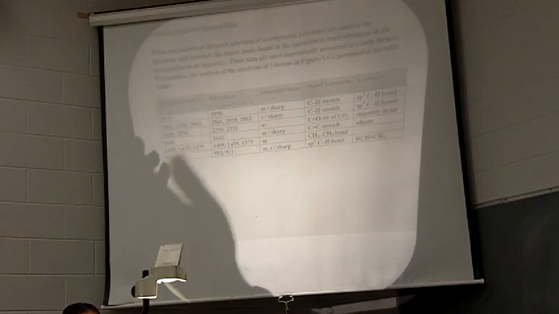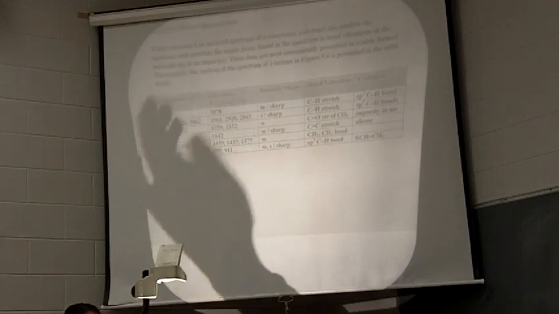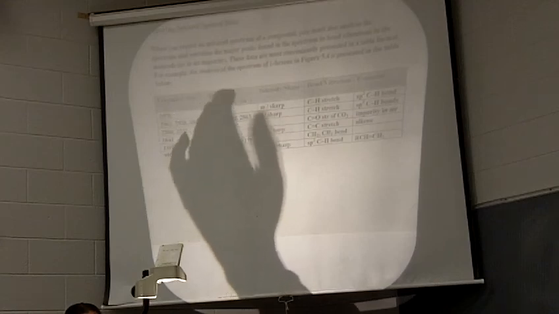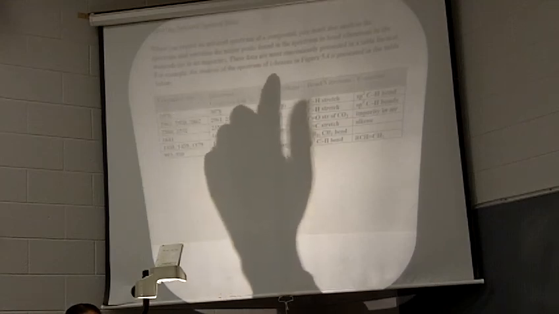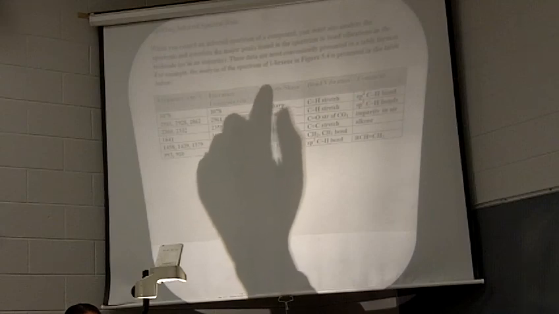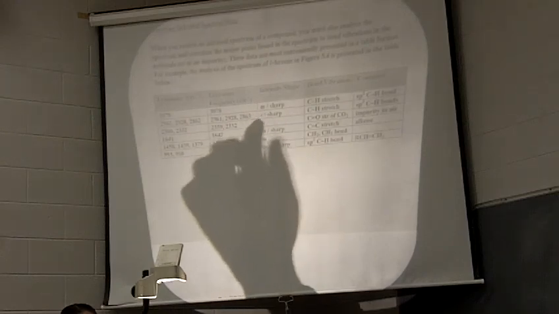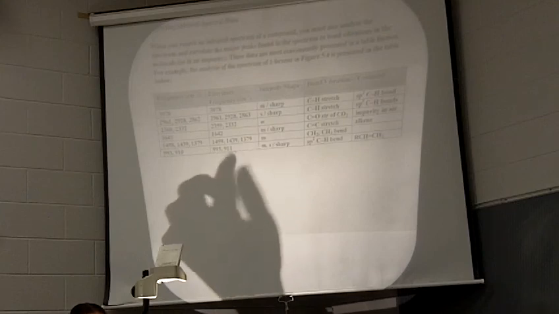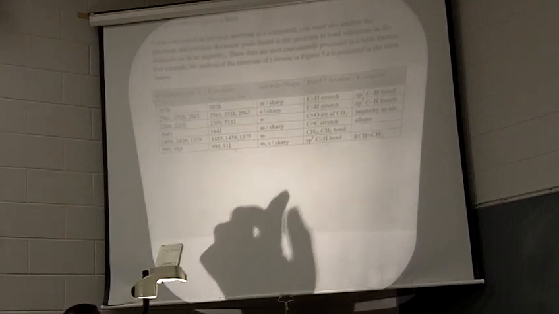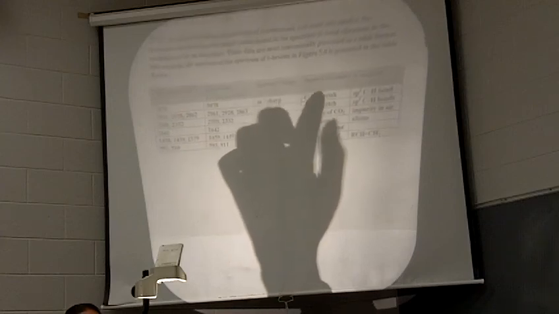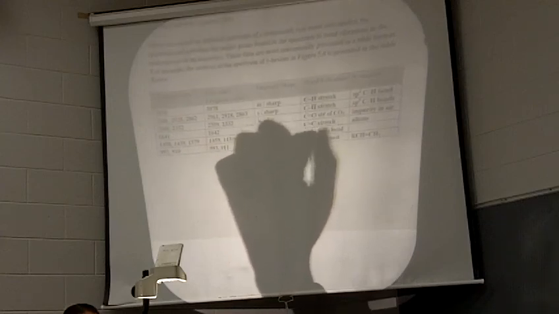You give the frequency or the wave numbers of your peaks. What is the literature frequency for those same peaks? What is the intensity and shape? So meaning like a medium sharp peak would be, it comes down part of the way and is sharp, versus if you had something like an OH peak, you would say strong and broad, okay? So that's what this shape is giving you. And then what bond or vibration does it correspond to?